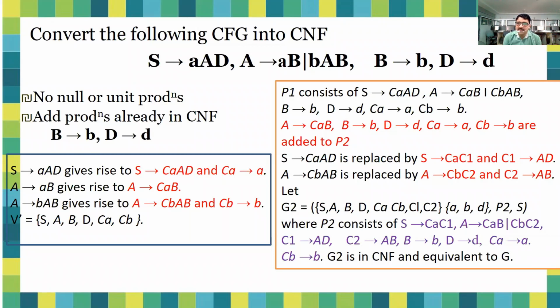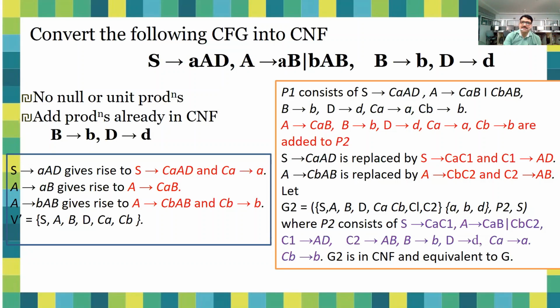In step one, we will check that there should be no unit or null production. If there is any null or unit production, then we will try to eliminate them. In the given grammar, there is no null and no unit production. So we will proceed to step two.